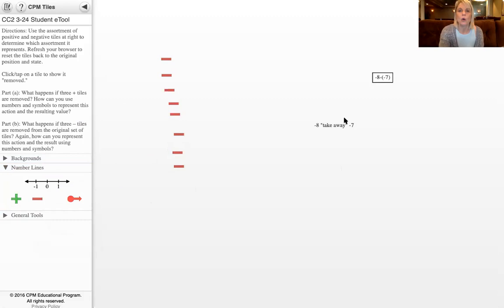And if I'm taking away negative 7, I'm taking away those. They're gone. I'm going to put them down here so I don't have to keep on dragging them out. So I took away negative 7. I only have negative 1. So the answer to negative 8 take away negative 7 equals negative 1.